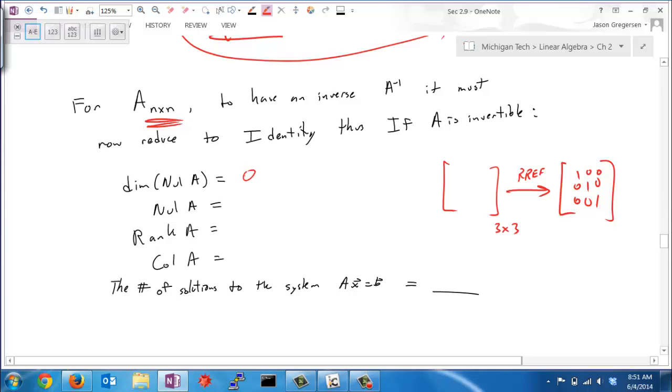Zero. What is the null space? Zero. It's the zero vector. If we have just the zero vector, we call the dimensions of that space just zero.